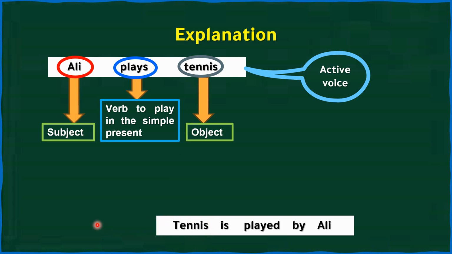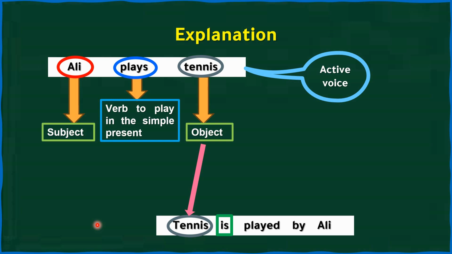So both of them change their places. The verb also changes. Tennis becomes the subject. In the active voice it is an object, but in the passive form, it becomes a subject.